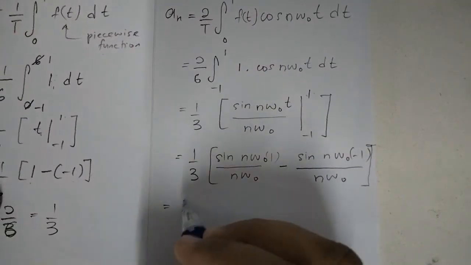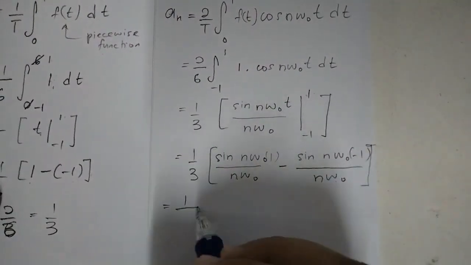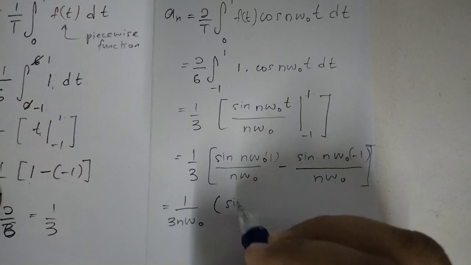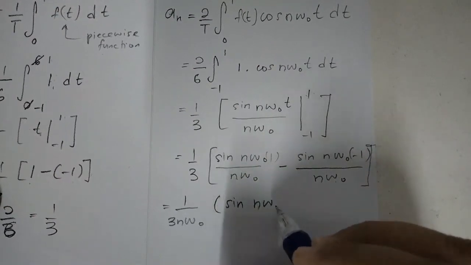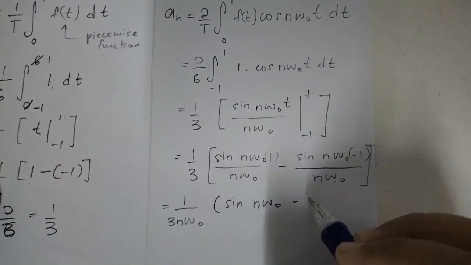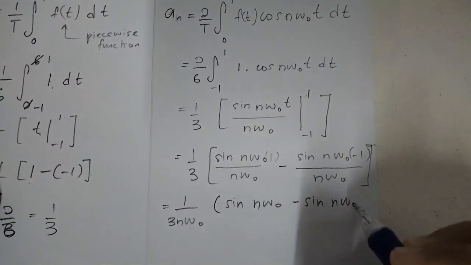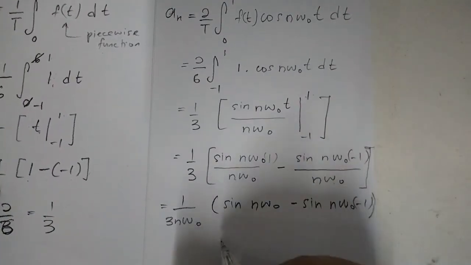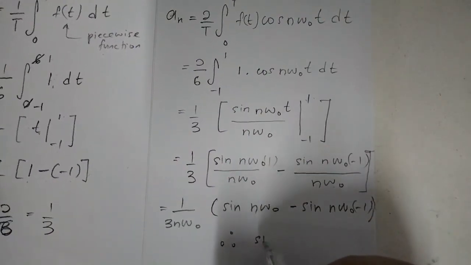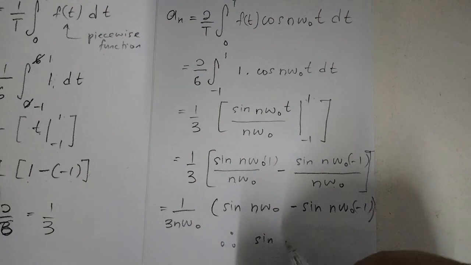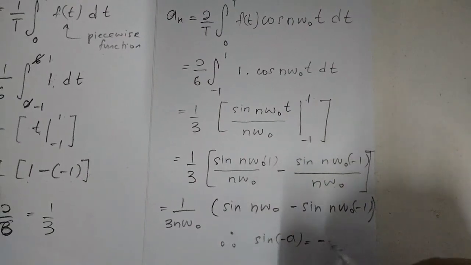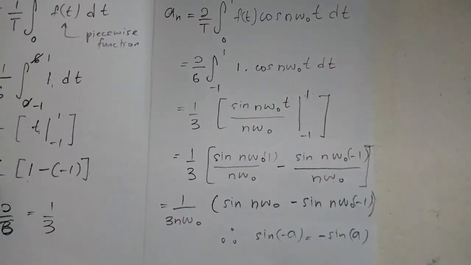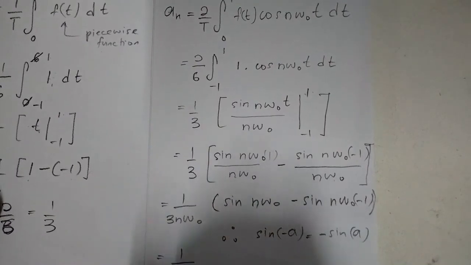So we can take this out, 1/3 and n omega naught. We've got sin(n omega naught) minus sin(-n omega naught). Since sin of negative a, for example, is equal to negative sin a, we take this out.